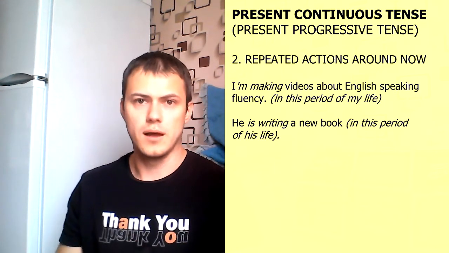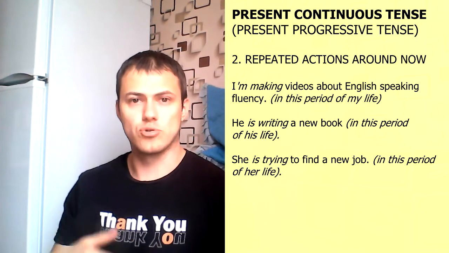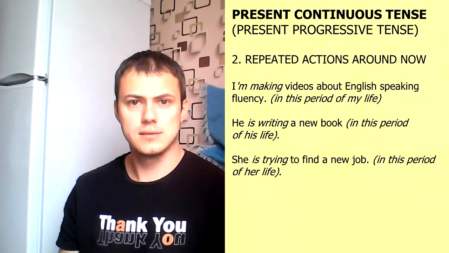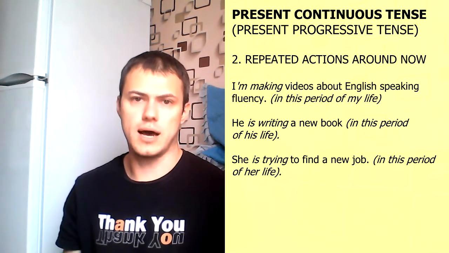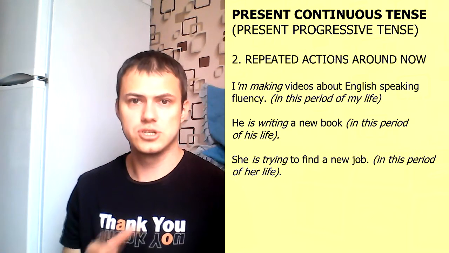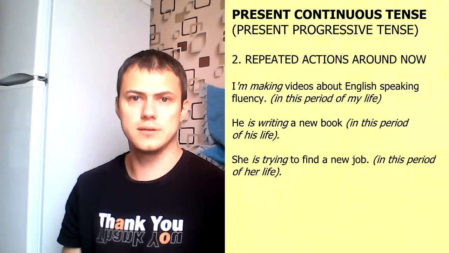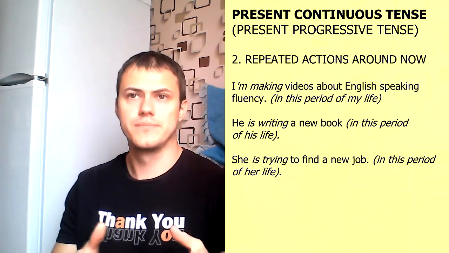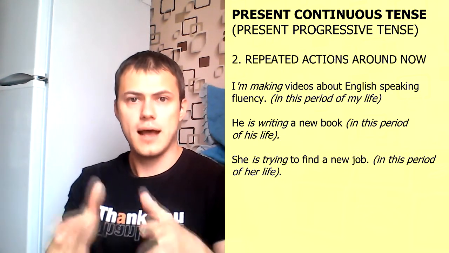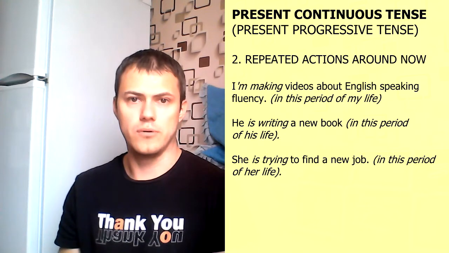So let's move on. She is trying to find a new job. This is happening around now, maybe for the last 2 or 3 months. This is a repeated action that happens around now.